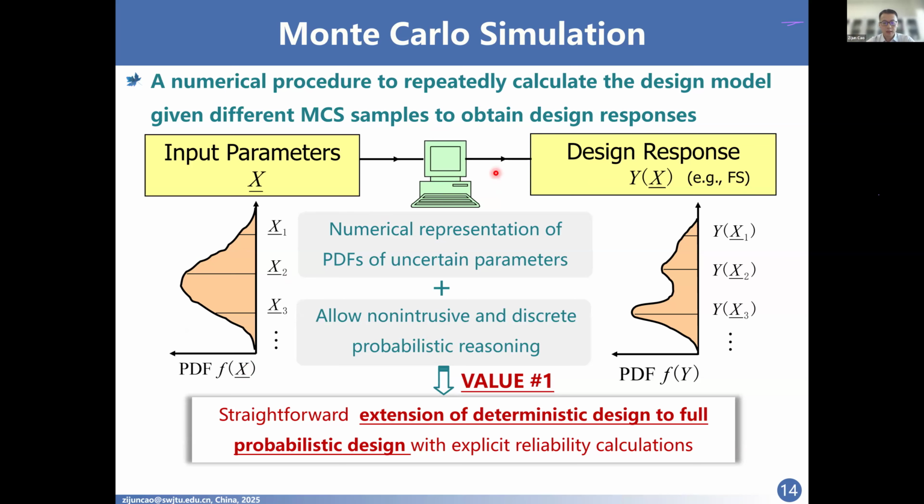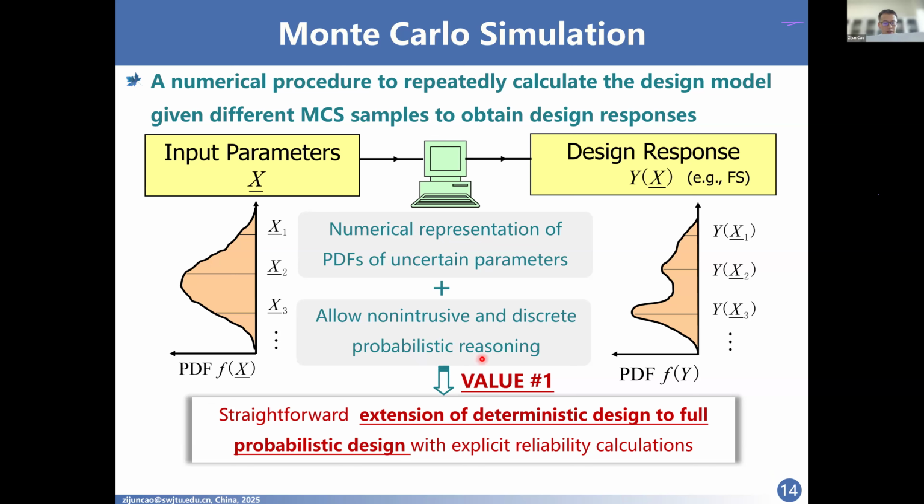The random samples are the essence of Monte Carlo simulation. They represent numerically the PDF, probability density function, of uncertain parameters. Based on these random samples, probabilistic reasoning can be reduced to repeatedly calculating the design responses of different samples and a statistical analysis of these calculated design responses, so that probabilistic reasoning can be performed in a non-intrusive and discrete manner.